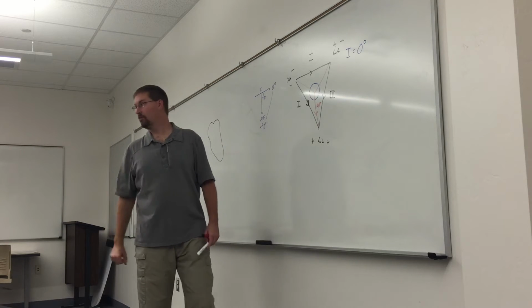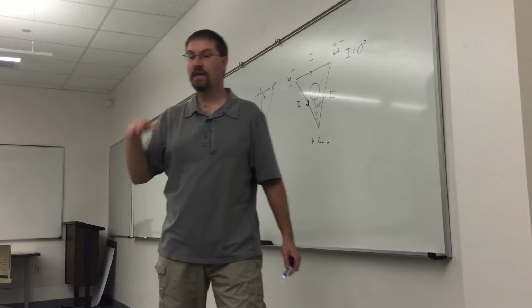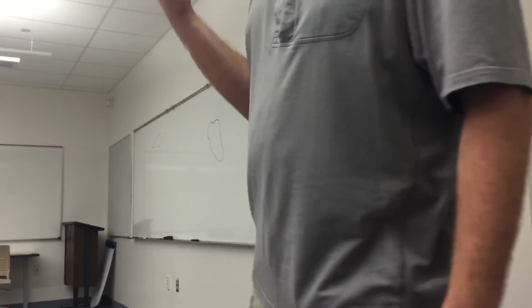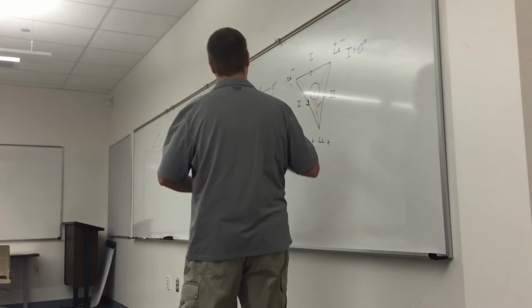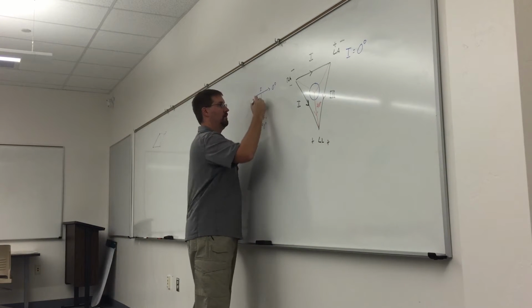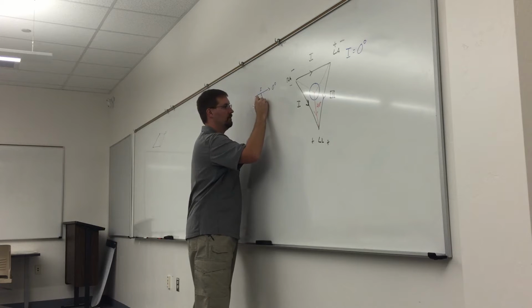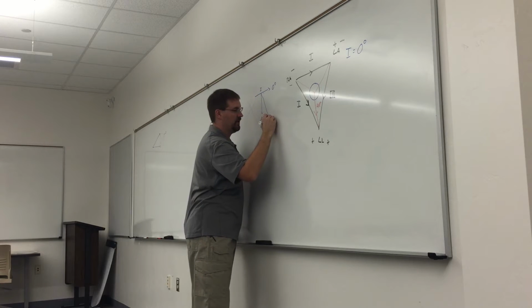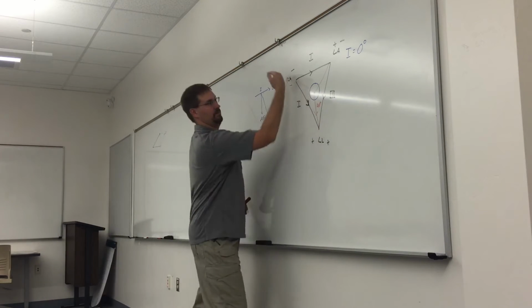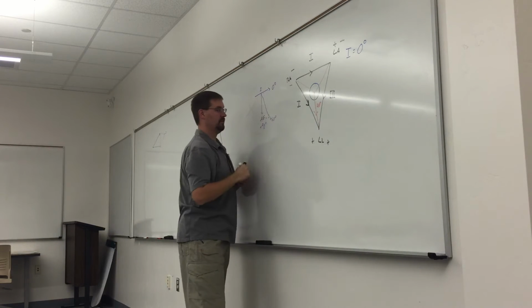Not quite, but you're on the right track. It's going to be at an angle to those two, right? It's not perpendicular, but it's going to be at an angle. And lead 2 is going to be at plus 60 degrees. And does that make sense? There's lead 2.